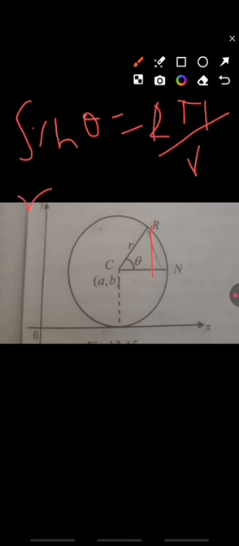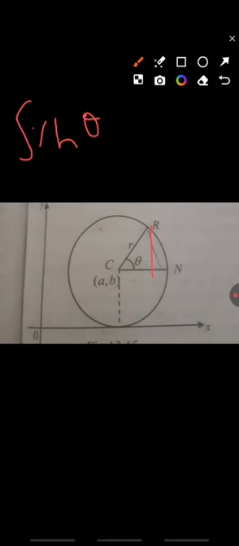So we have RN is equal to r sine theta. Now that we know that, we know the vertical and the horizontal components of R.